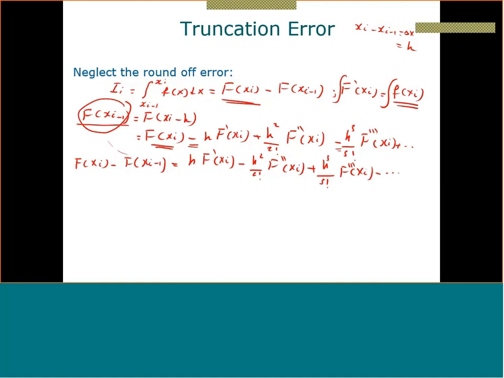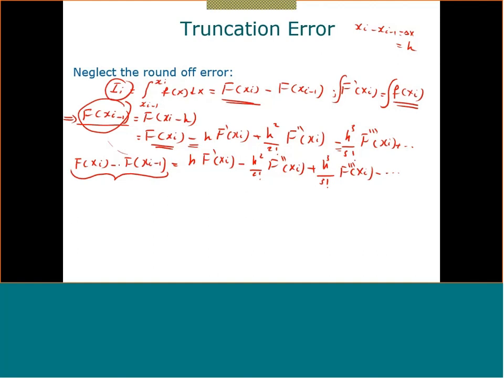Okay, so far I didn't do anything, I just defined the integration. Then I said, okay, this term we found from the Taylor expansion from a previous lecture. I recommend you go and check this. And then I'm just rearranging the terms. Now, what is f of x_i minus f of x_{i-1}? This is the integration, basically.